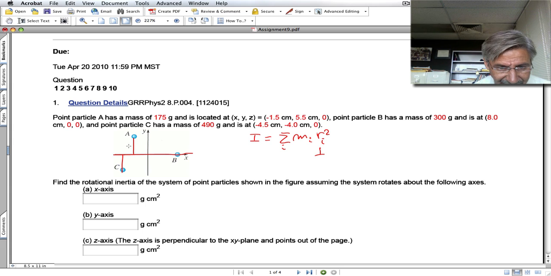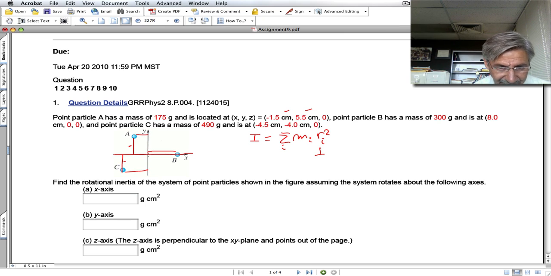And the distances are this one and this one. And these distances are given here depending on which coordinates you are using. If you want to rotate around the y-axis, then this mass now contributes with this distance, this mass with this distance, and this mass with this distance.